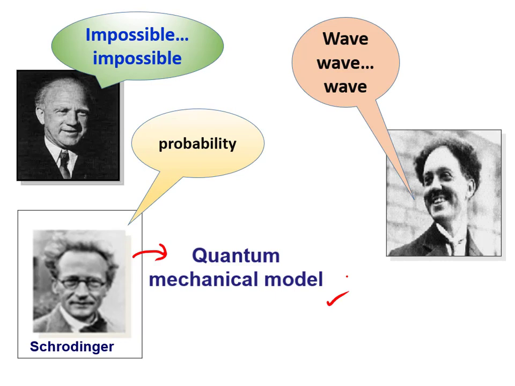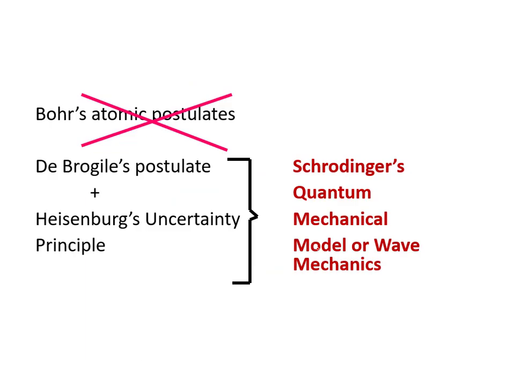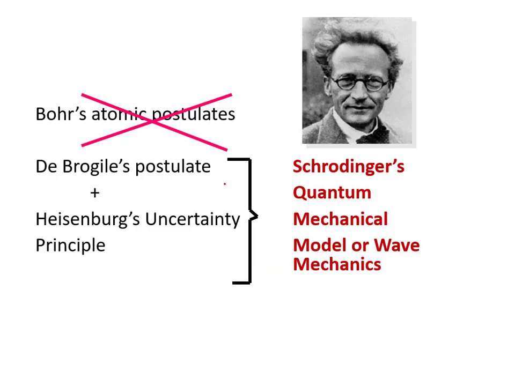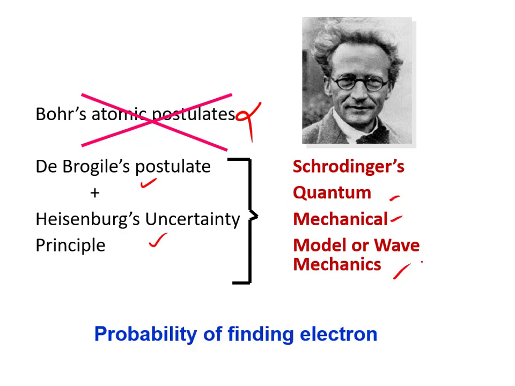Then a scientist, nama apa? Nama Schrödinger, comes with the quantum mechanical model. He rejects Bohr's atomic postulate, but he used de Broglie's postulate with the Heisenberg uncertainty principle to produce his quantum mechanical model of wave mechanics. Okay, so this is the nucleus. The electron is somewhere in the atom.